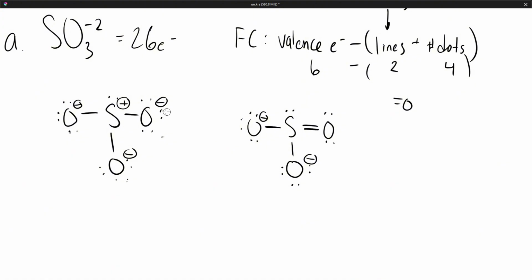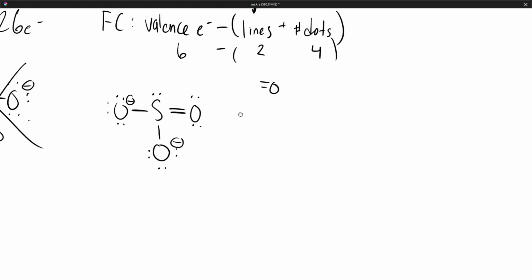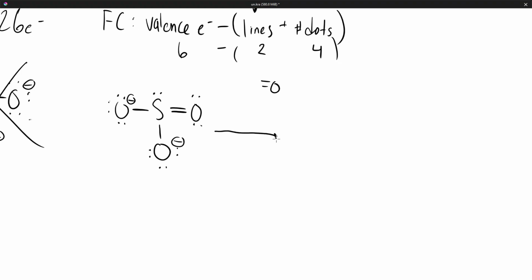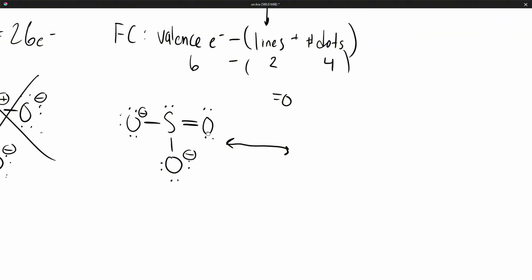So now we want to find all of the other possible resonance structures. This is pretty easy. Just look at where you can change stuff, but still keep the same molecule. Like the double bond, for example, you can change the double bond to be from this right oxygen to be here on this bottom oxygen.